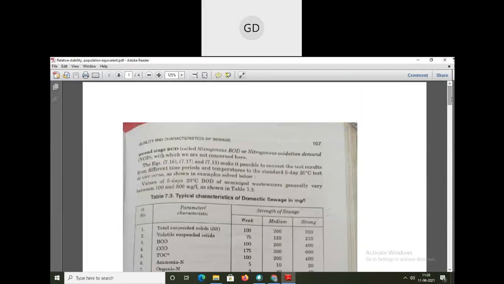Next we are going to study the treatment part, and also the sewer pipes, sewerage. I will do that after the treatment part, because treatment is more important. So I will start off with the treatment of sewage.